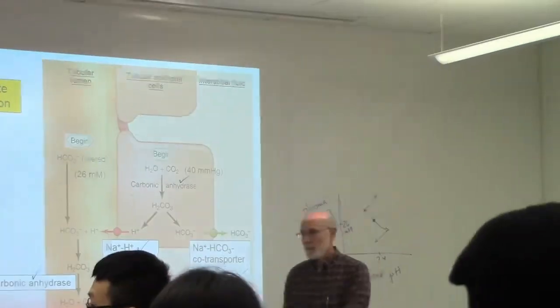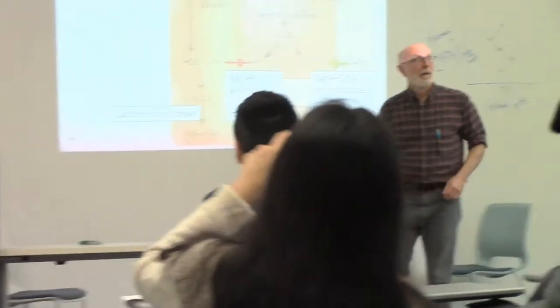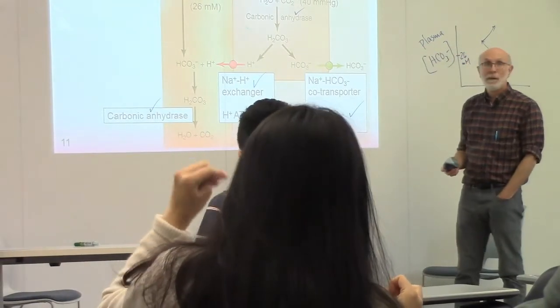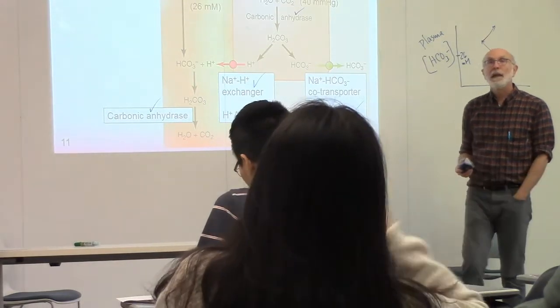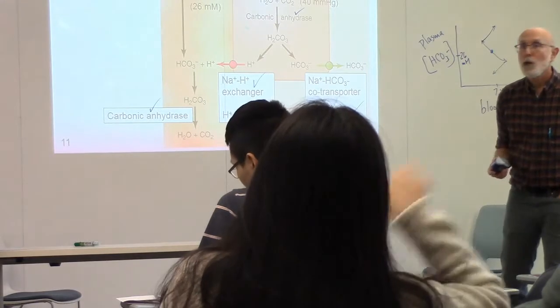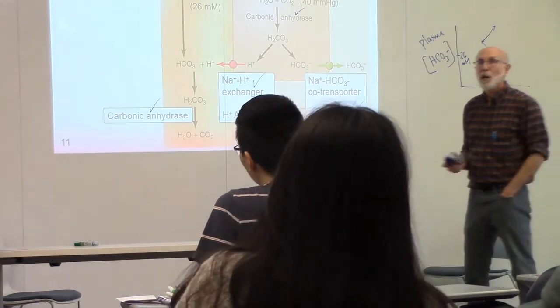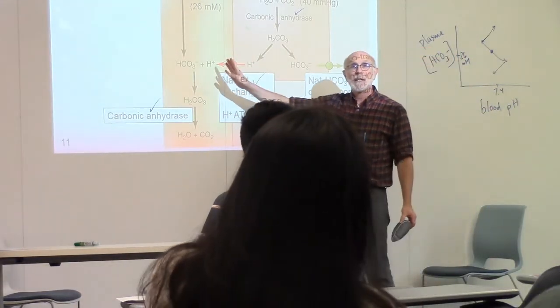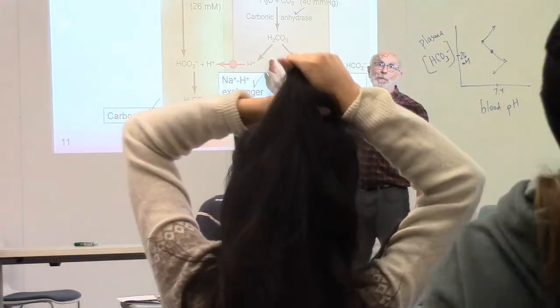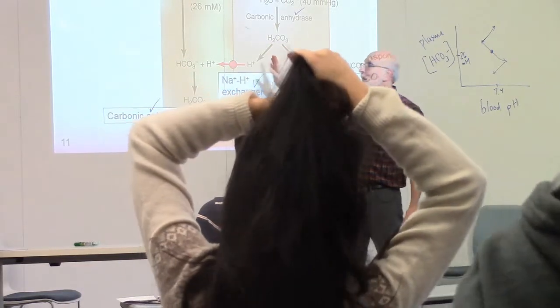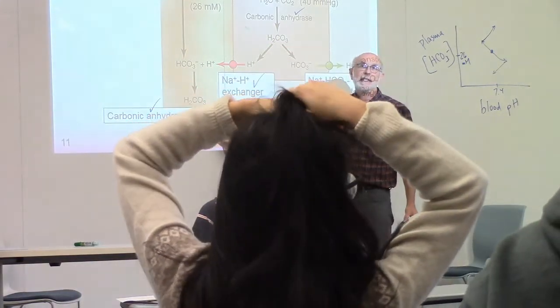Yeah. Can the bicarbonate ion in the tubular lumen just move transcellularly? Can they what? Transcellularly. No, we do not have a mechanism for moving bicarbonate across the apical membrane. The only way bicarbonate moves across this membrane is as CO2.